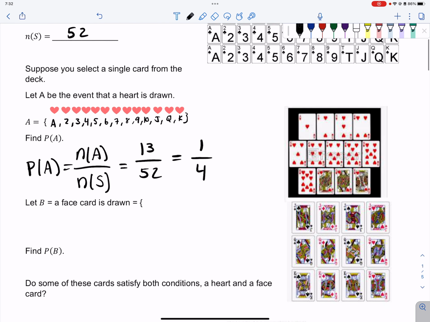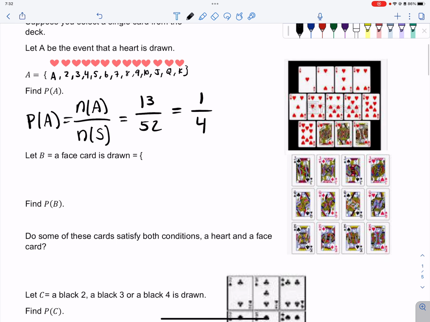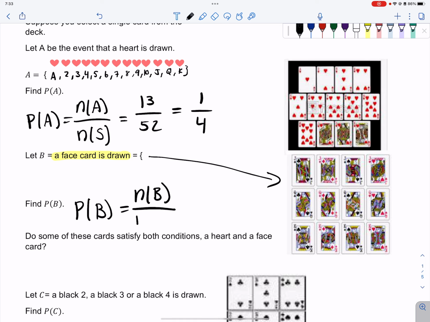The next event that I want here is event B, and we're going to say that that is a face card is drawn. I'm not going to write all of these cards out for what they are. Instead, I have a picture over here on the right side of all of our face cards from the deck. That's our 4 jacks, 4 queens, and 4 kings. So now to find our probability of B, this is the number of elements in B divided by the number of elements in our sample space.